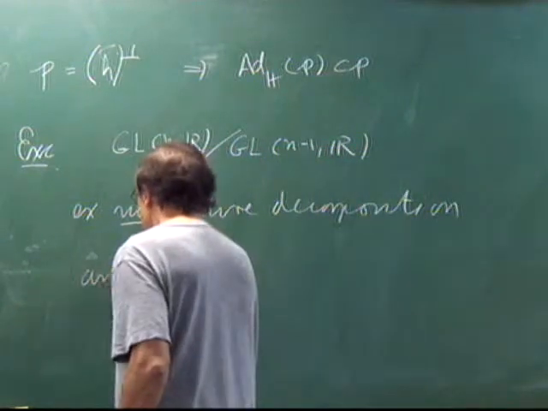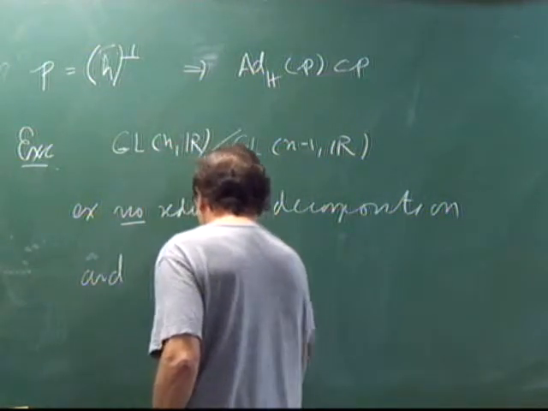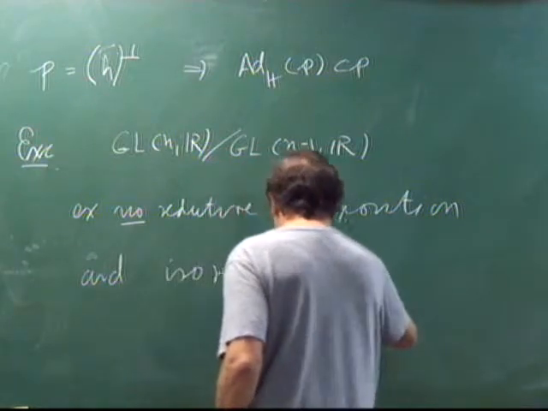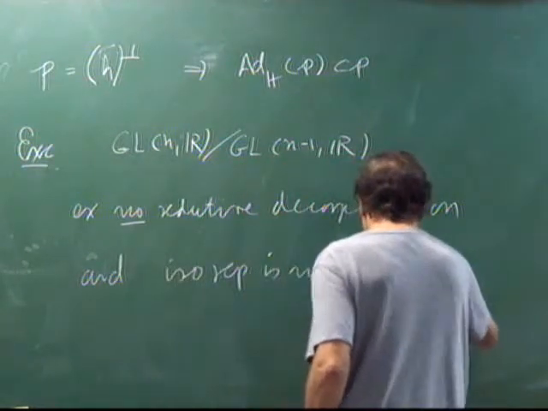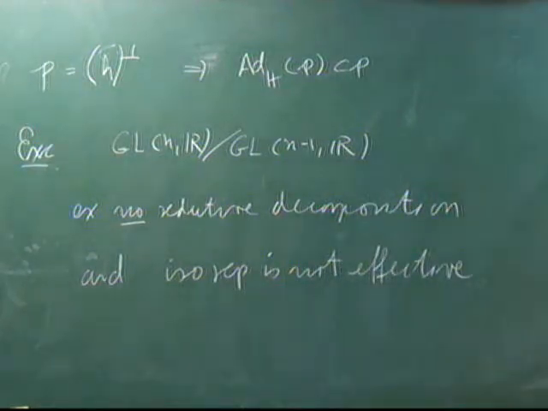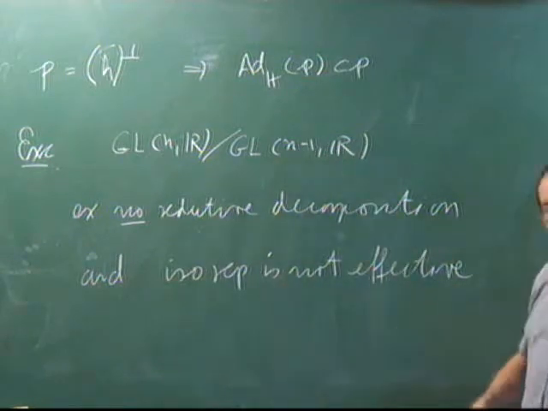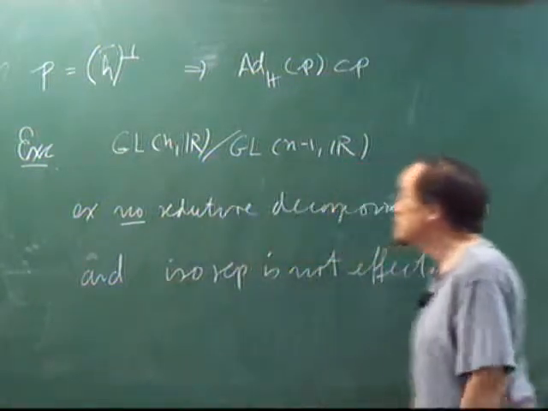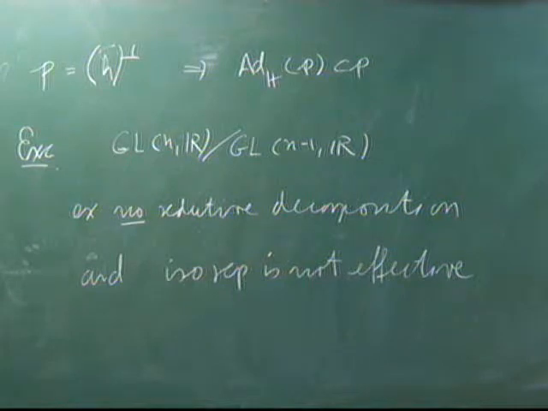And the isotropy representation is not effective. I believe it has a large ineffective kernel. So this has no Riemannian metric on it with these isometries. So it is a condition, but we're going to study Riemannian homogeneous spaces, so we don't have to worry about it. What else?